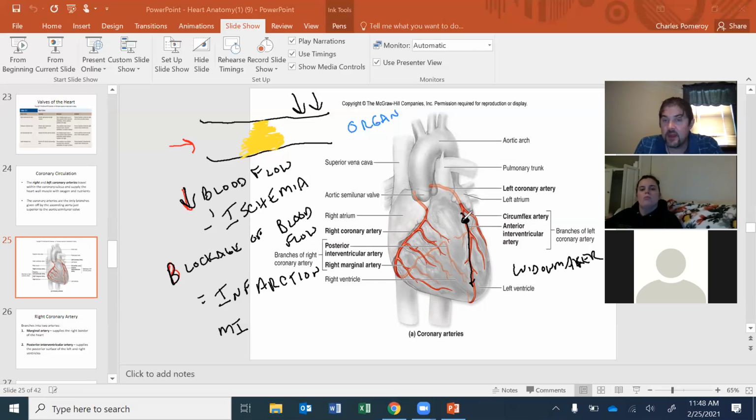But they call it the widowmaker because it's killed a lot of men, and they've left widows. And so this guy here, and you're going to see this a little bit later, the reason why he is one of the worst places to get a blockage is because he supplies both ventricles with blood.